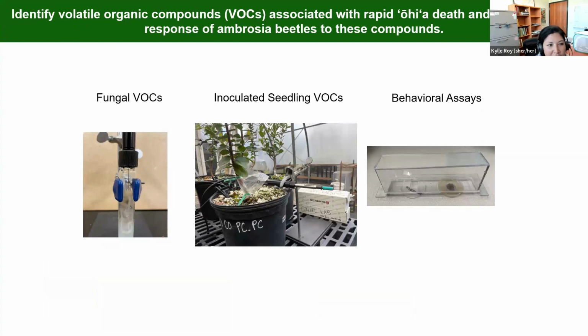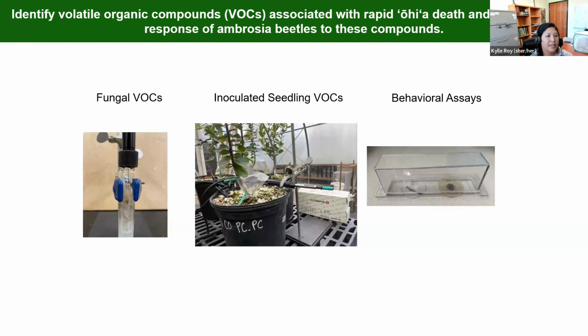Now really getting into the chemical ecology stuff. The first project chapter was identifying the volatile organic compounds associated with rapid ʻŌhiʻa death, and also looking into the behavioral response of these ROD-associated ambrosia beetles to the Ceratocystis volatiles.